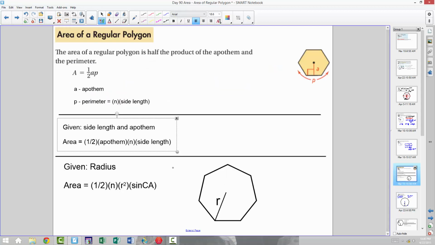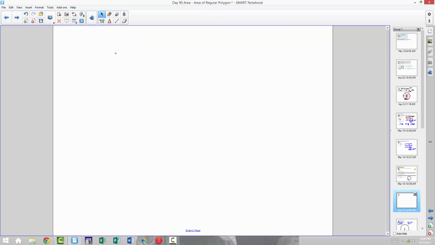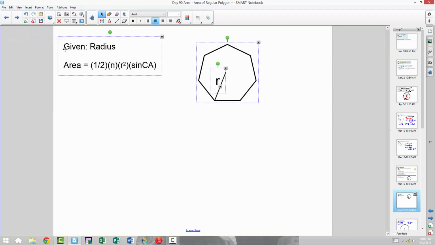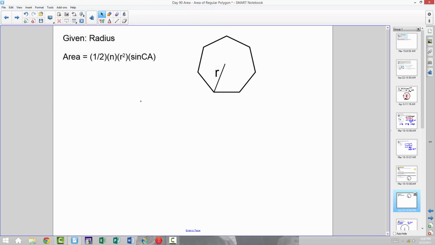Going back to the previous slide, you also have what happens if you want to find the area and you're only given the radius. So if it's a regular polygon and you're given a radius, you can find the area by doing half times n times r squared times sine of your central angle.